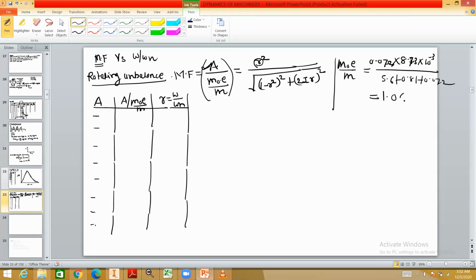So this is equal to 1.04 into 10 raised to minus 4.